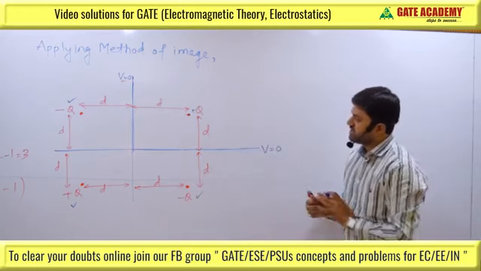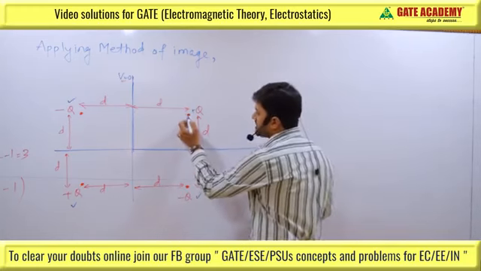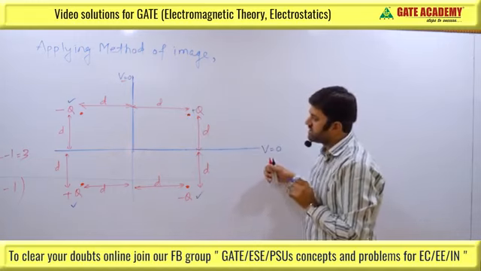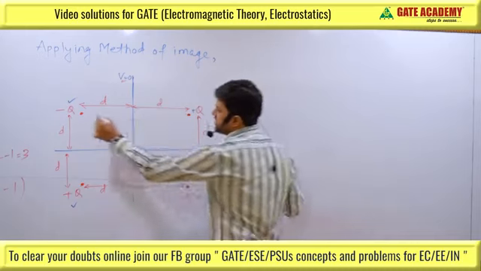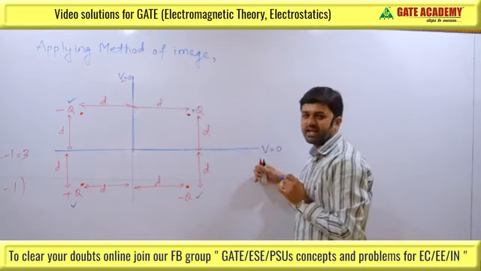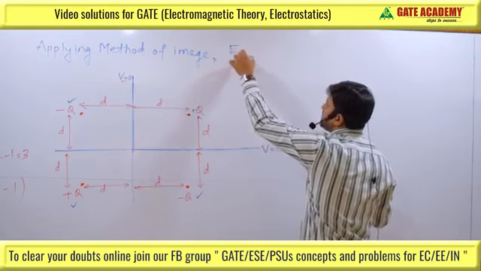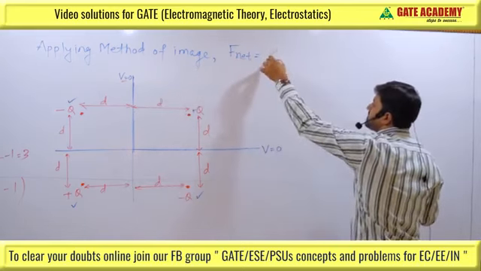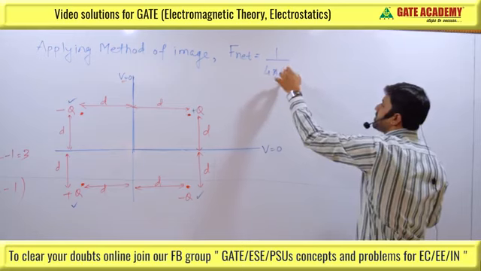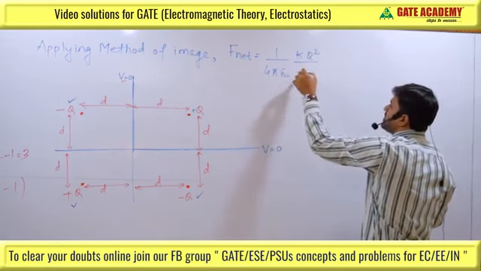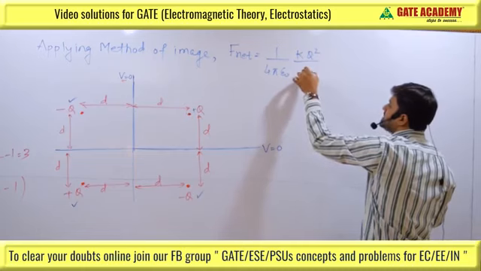sheets. Now it is given that on this charge the net force because of these 3 point charges is given as net force is 1 upon 4 pi epsilon naught k q square by d square.